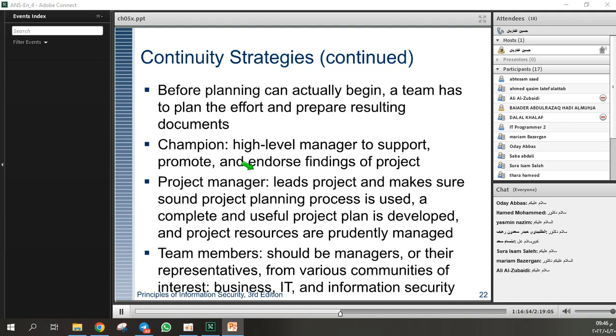The whole process of developing resources and the project. We need to create a team, prepare a team. Managers of the company must be involved.